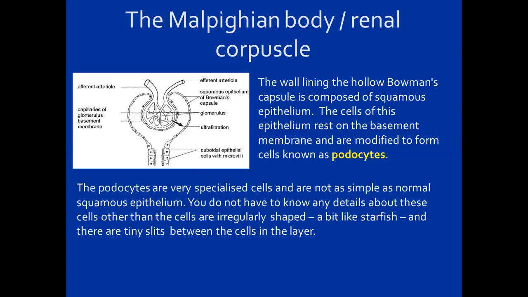Your textbook has quite a lot of detail on them. You don't need to know any of that detail, so don't go and learn it. All that you need to know is that podocyte cells are irregularly shaped. They look a bit like a starfish. And where one podocyte and another podocyte lie adjacent to each other, their little arms extend into the gaps between the other, so they fit into each other.